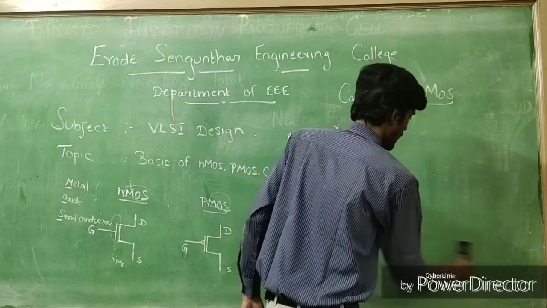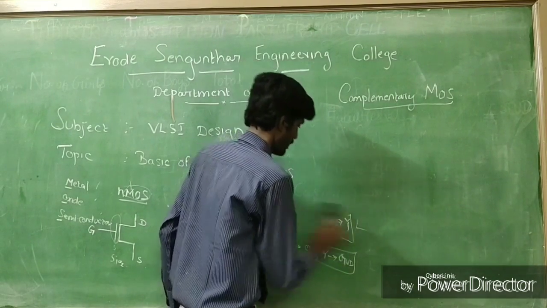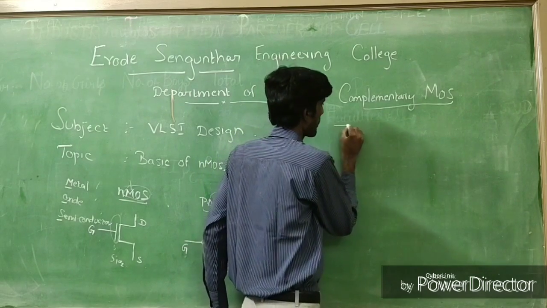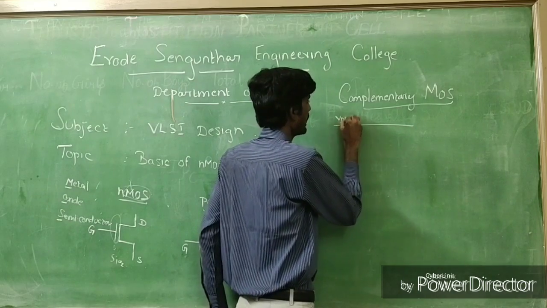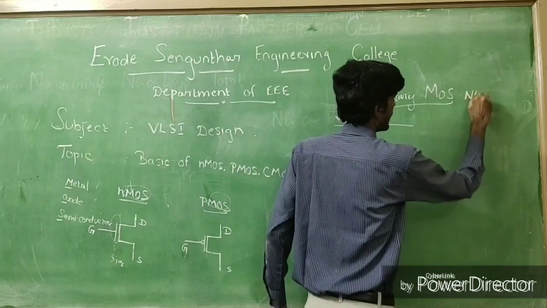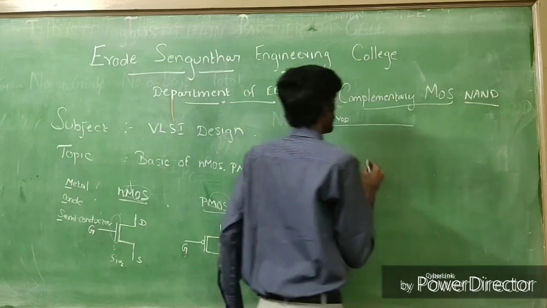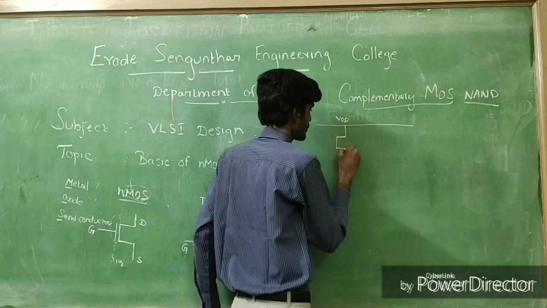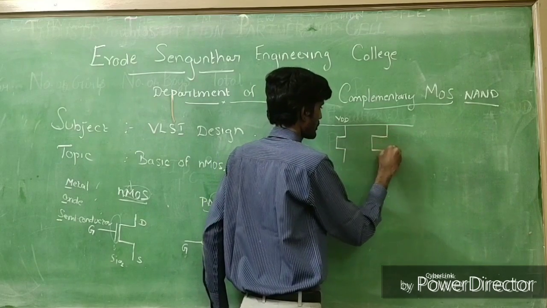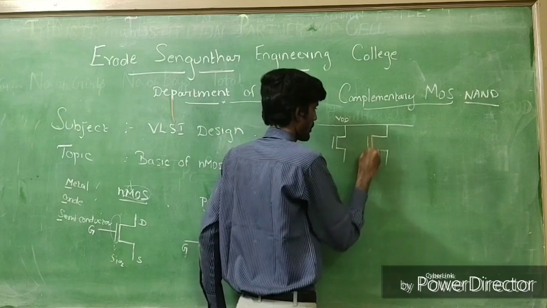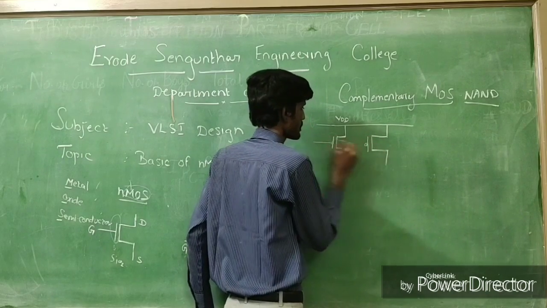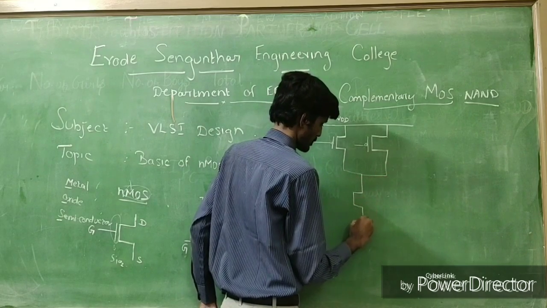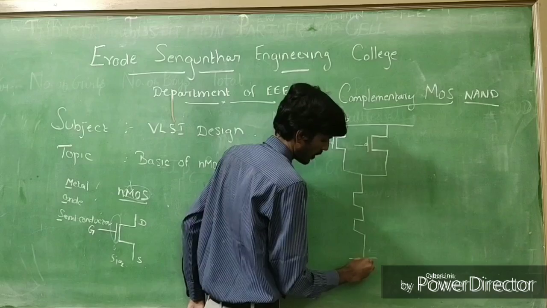Now we are going to see the implementation of CMOS using the NAND gate structure. This is called the VDD line. So this is the CMOS NAND gate implementation. This is the ground.